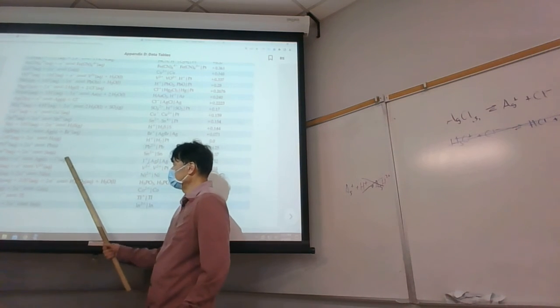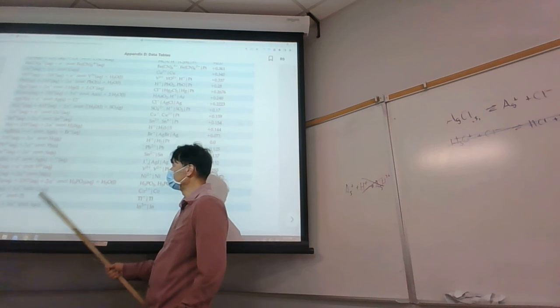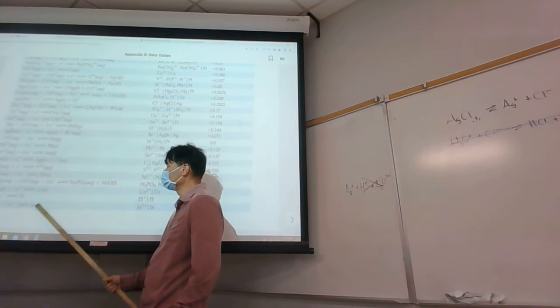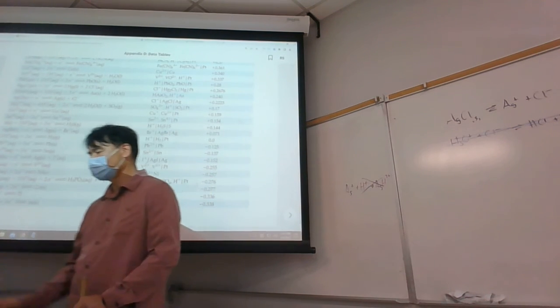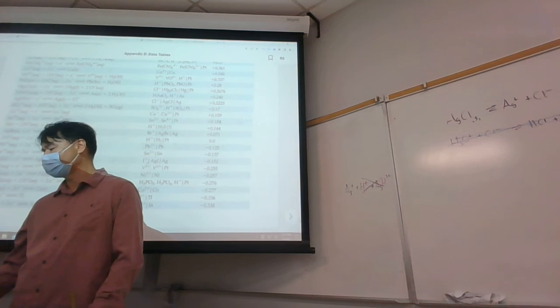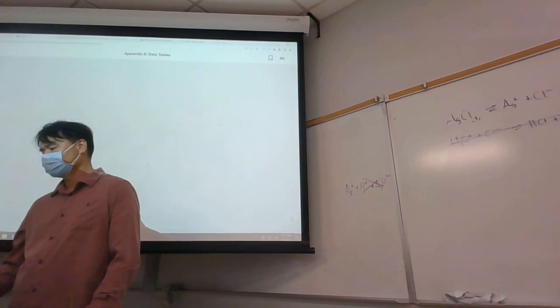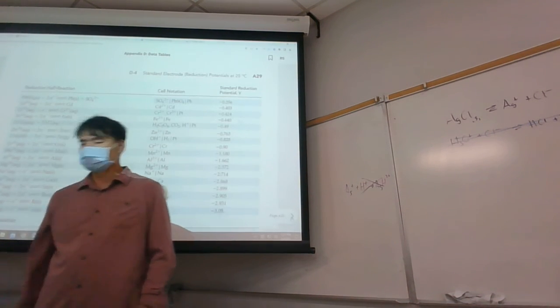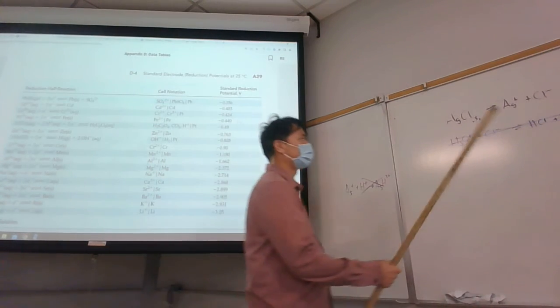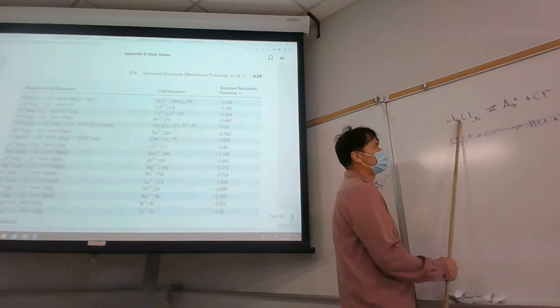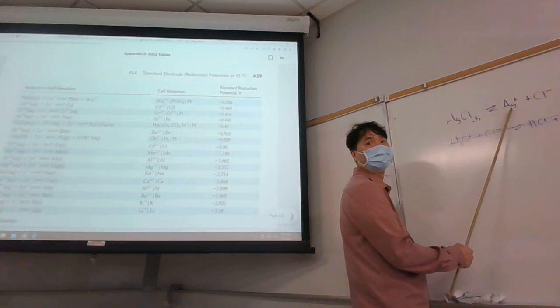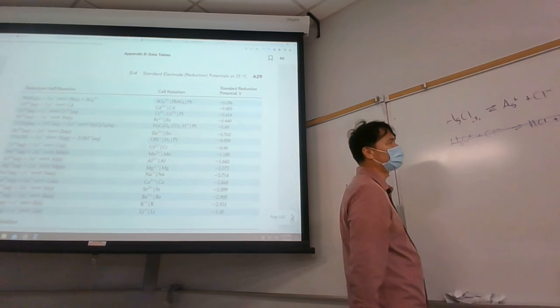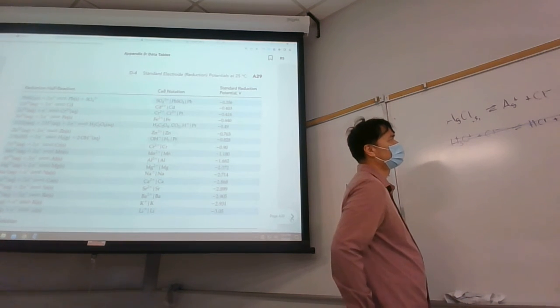Lead, tin, nickel, cobalt, all those are pretty good reducers. Zinc is much better. But if we do that, then we're going to replace this precipitate with another, which would be silver metal, not the cleanest separation.